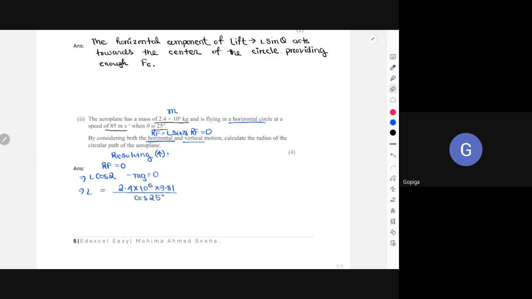This is 25, sorry. So how much is the value for your lift? Please calculate the value for lift.